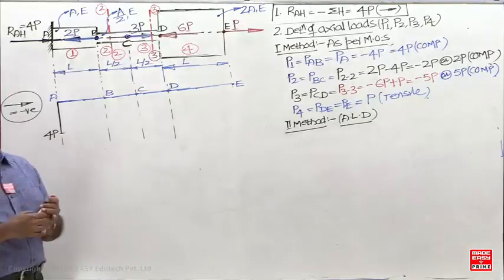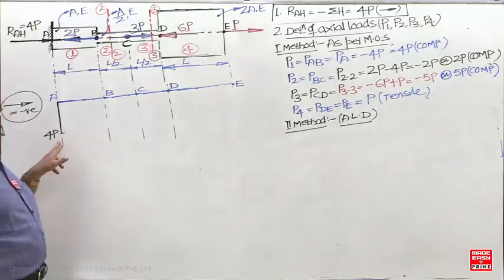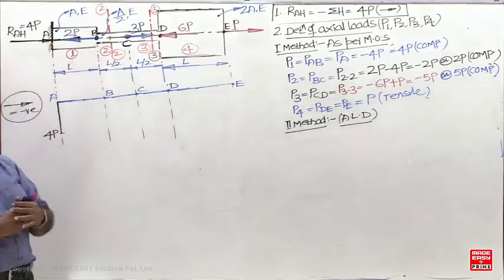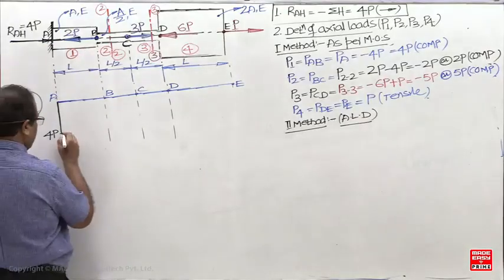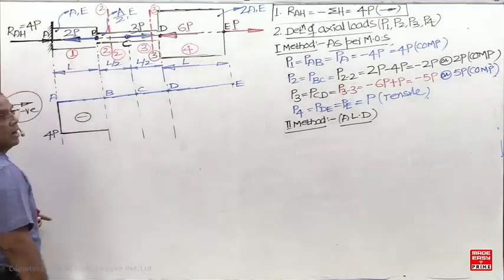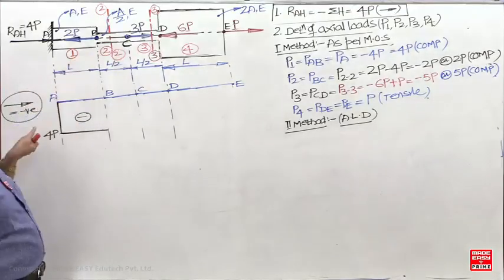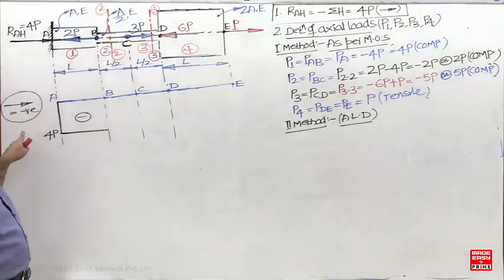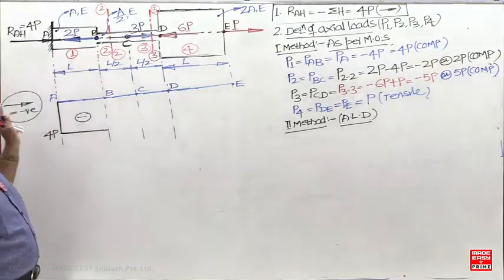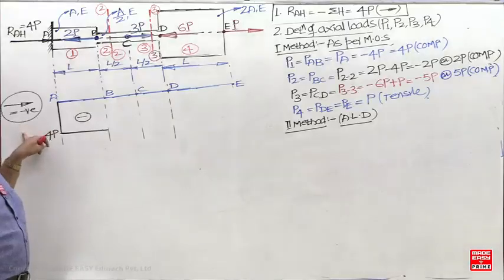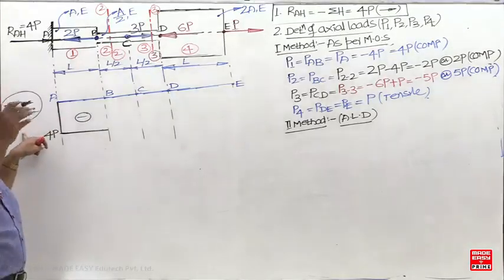What is the next step you have studied? Draw a parallel line to the longitudinal axis until the next axial load. After A, where is the next axial load? B. Now this load is going to be positive. Towards the right side is negative, which means towards the left side is positive. This sign convention should be used when the ALD is drawn from left to right.